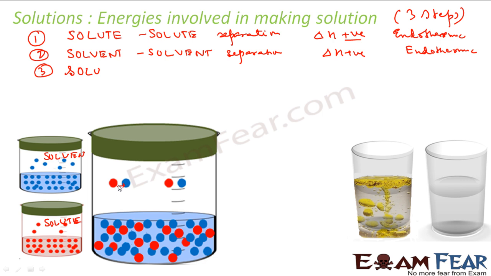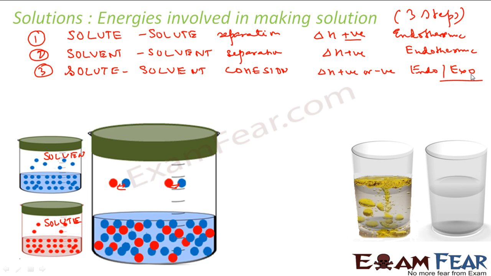You have to form the bond here, correct? This is solute-solvent cohesion, and this is the trick part. Here it can be endothermic or exothermic. It can be either of these, that is, either heat may be required or heat may be emitted also.